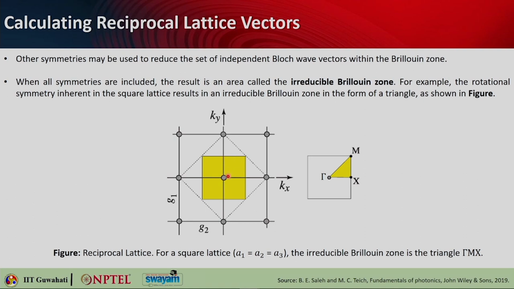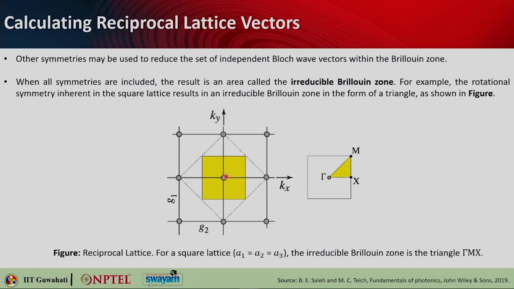This square or rather rectangle is a better, more generic term because g1 and g2 are not the same. So let us take this rectangle. If you take a mirror, you get this one, and then you put a mirror here, the whole thing is formed, right. So this is the basic Brillouin zone. You can start with it and create the whole thing.